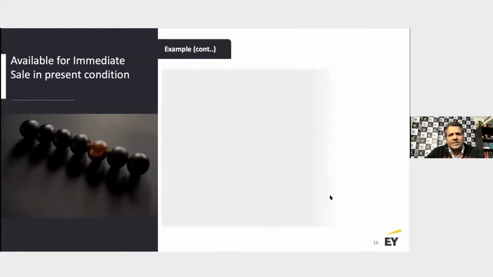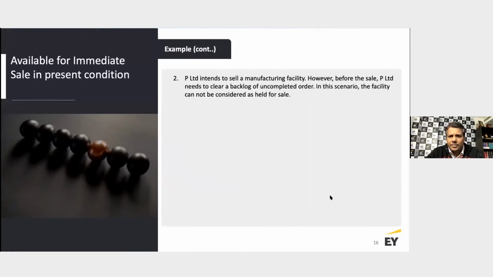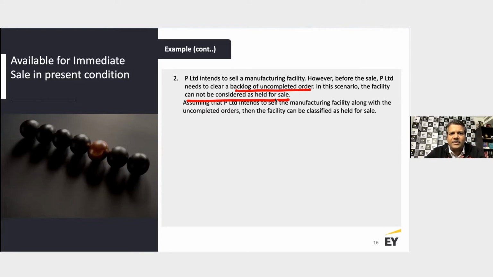Let's look at another example. P Limited intends to sell a manufacturing facility. However, before the sale, P Limited needs to clear a backlog of uncompleted orders. Now, if I need to clear a backlog of uncompleted orders, the facility cannot be considered as held for sale. I cannot classify this facility as held for sale.